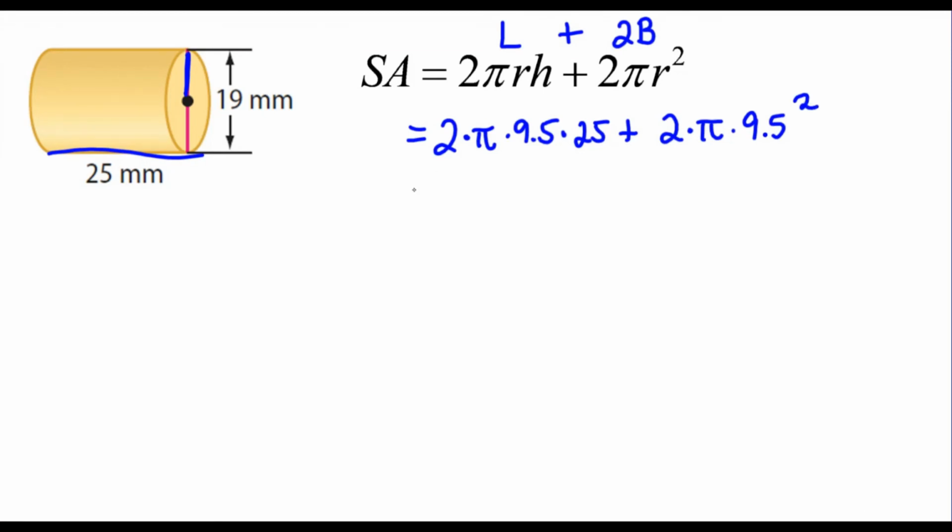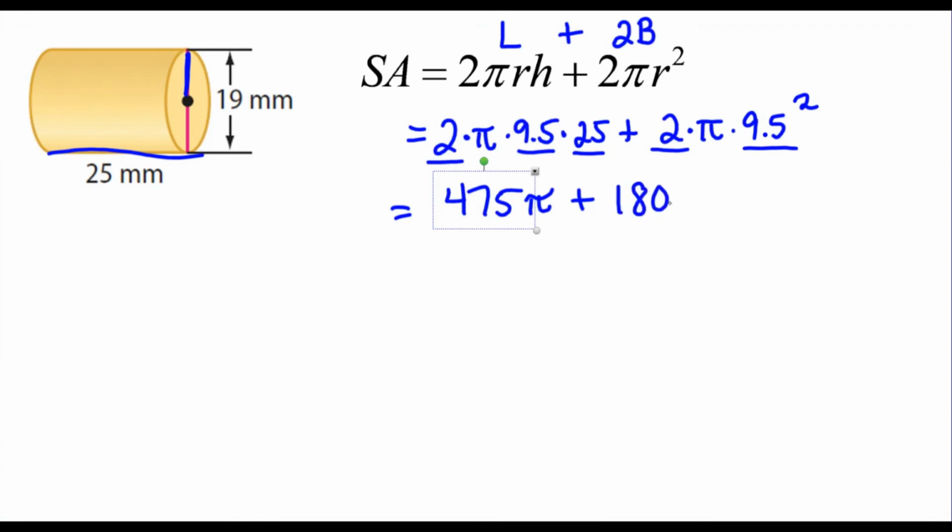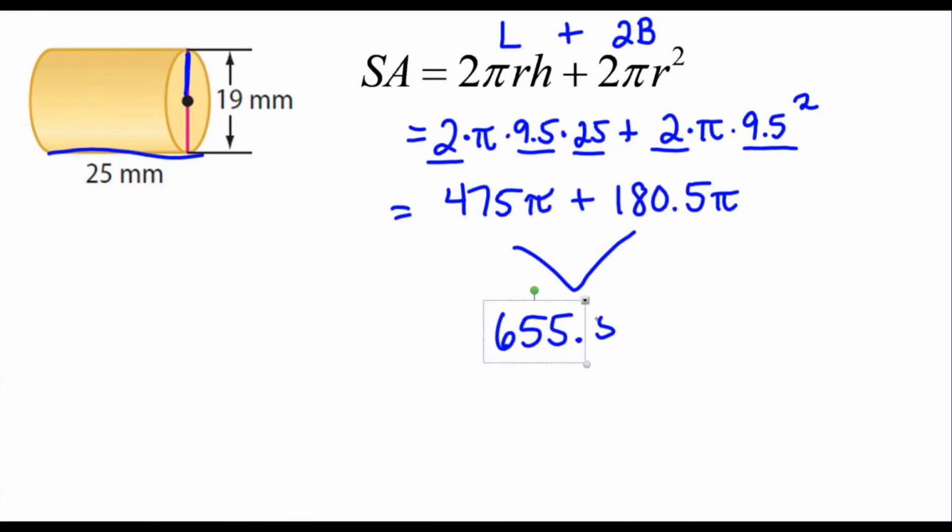Again, I do all of these calculations before I do pi. If I do this times this times this, I get 475 pi plus 9.5 squared times 2 is 180.5 pi. Then I will combine these to get 655.5 pi.